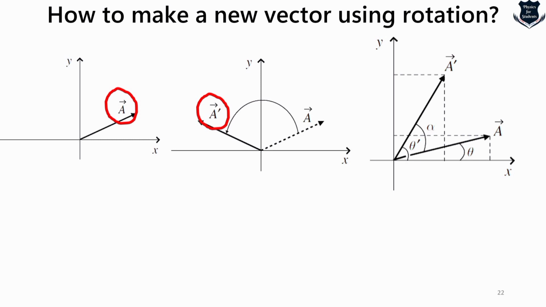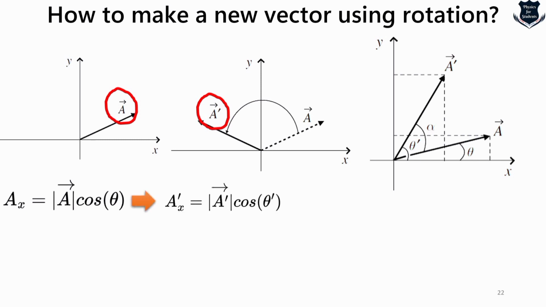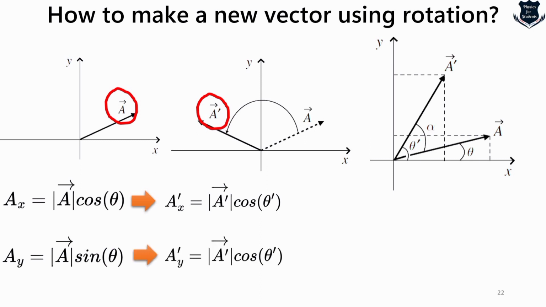So the x and y components of the original vector A and the rotated one A prime can be expressed as: a_x equal to a cos theta, which can be further defined as a prime x equal to a prime cos theta prime, which is the rotated one. And similarly a_y will be equal to a sin theta, which in the rotated frame will be a prime y equal to a prime sin theta prime.